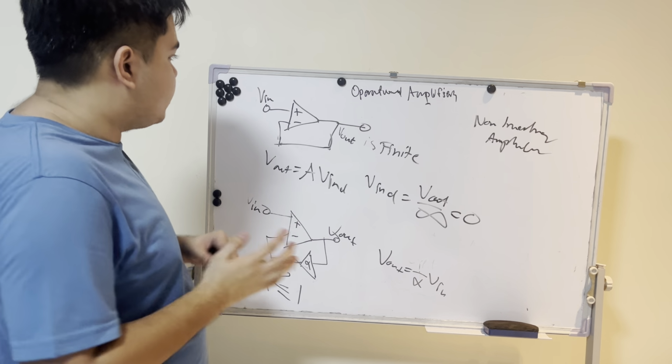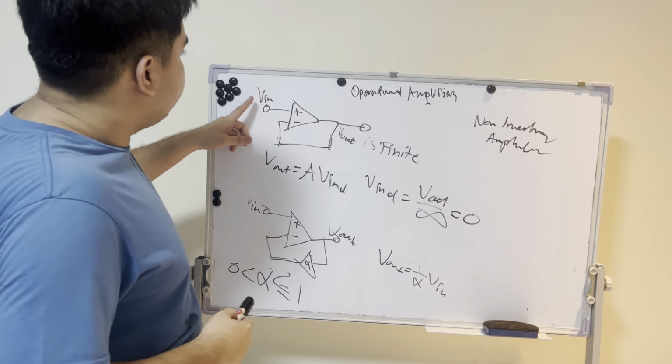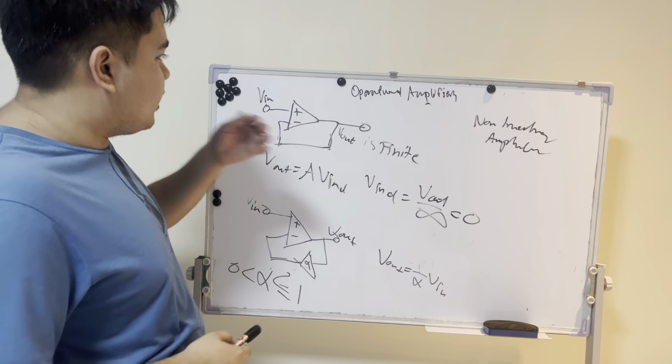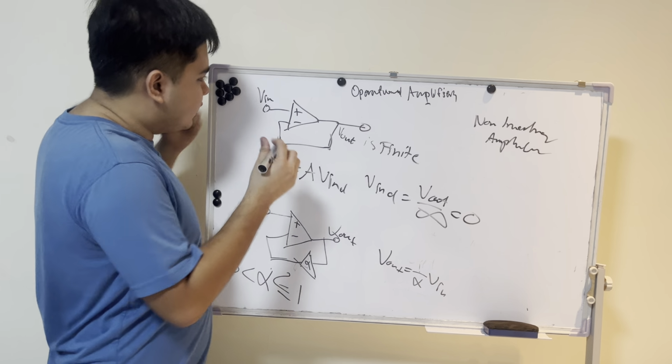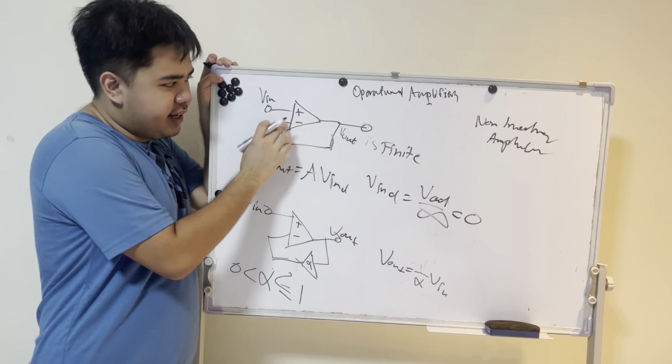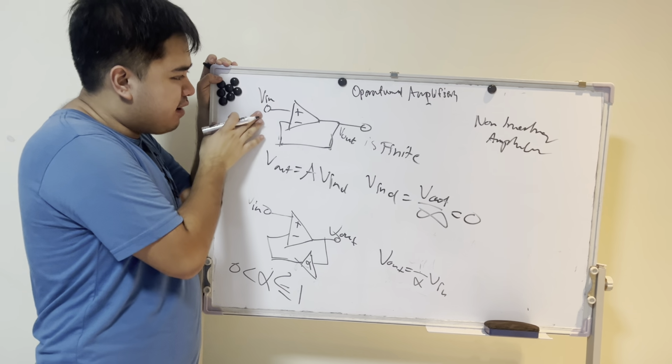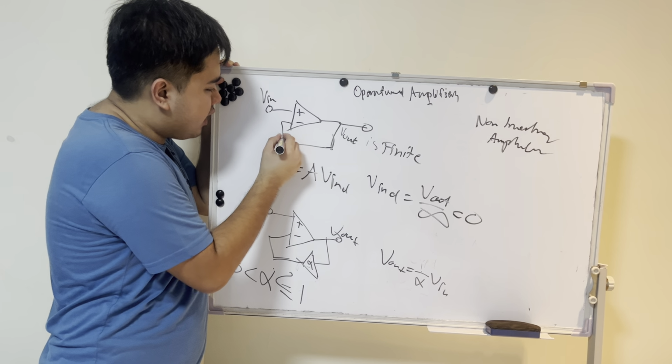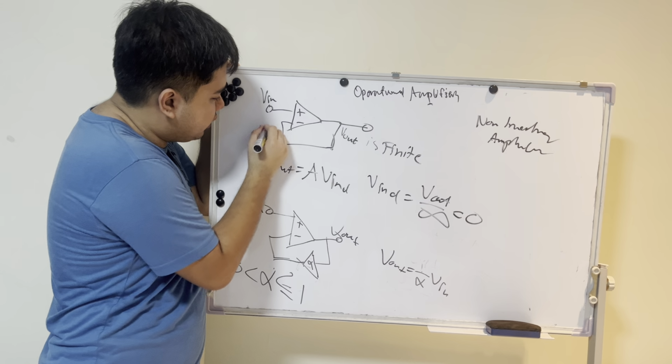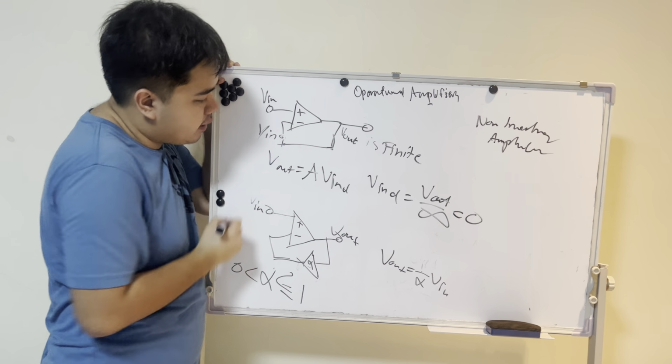So the good consequence of this means that this terminal and this terminal, if it is negative feedback, have the same voltage. This also has a voltage equivalent to V in.